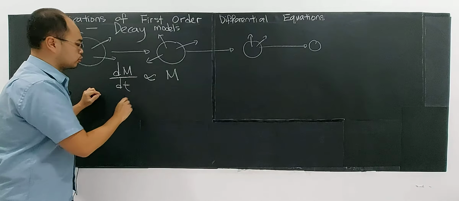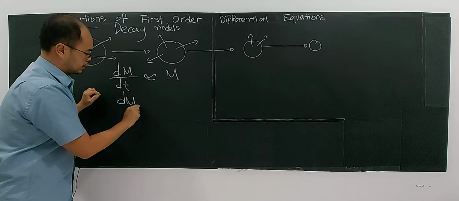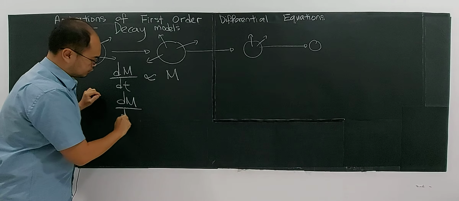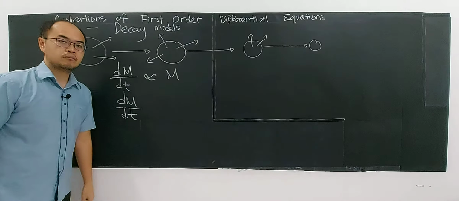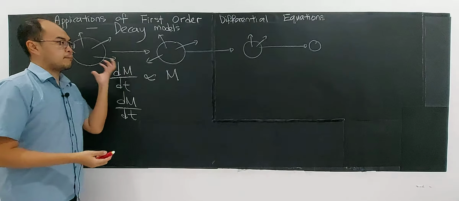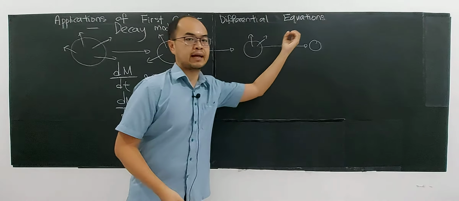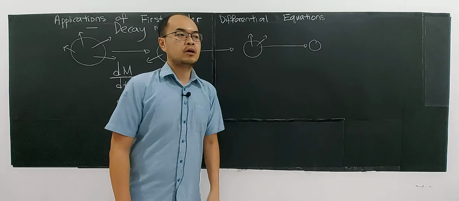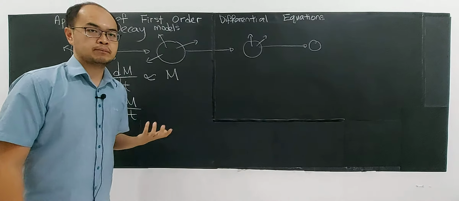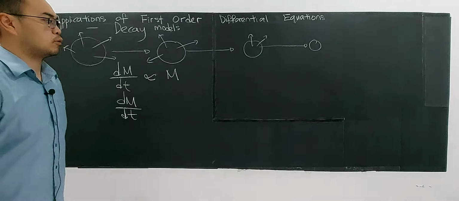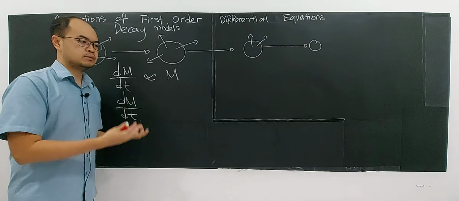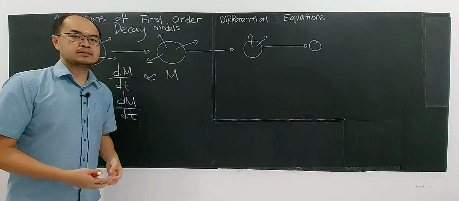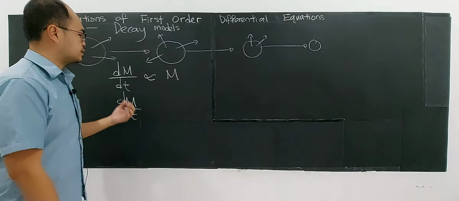But because this model is actually a decay model, decay means the mass of the substance is decreasing, compared to the population growth model, where the number of bacteria is increasing. But this is decreasing.